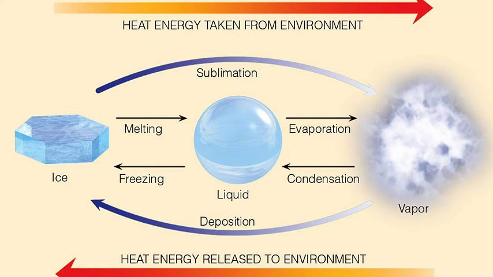So in other words, these processes absorb heat from the environment. On the other hand, condensation, freezing, and deposition are processes when heat energy is released to the environment. In other words, heat is released from the state of matter to become another state of matter.